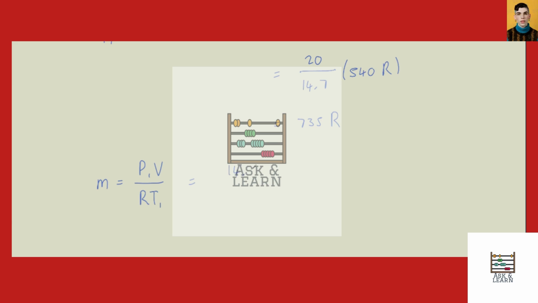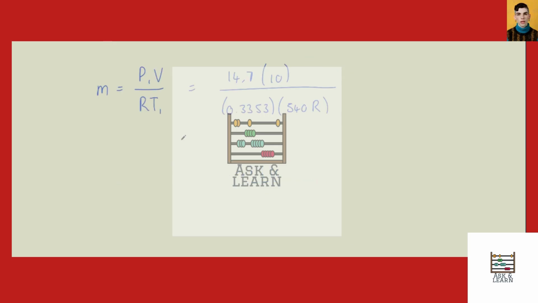So this is 14.7 psi times 10 cubic feet, which is the volume, over R, which we showed is 0.3353 psi foot cubed per pound mass R, multiplied by the temperature T1, which is 540 R. And so we get our mass of oxygen in pounds to be 0.812.